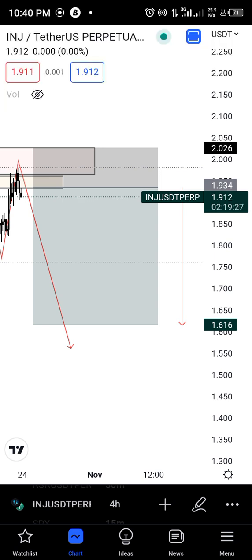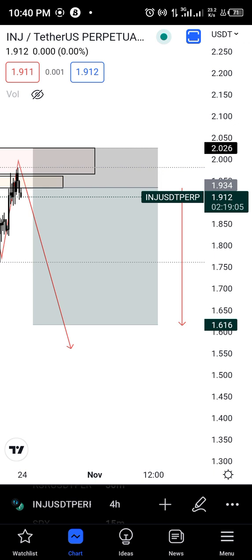Some of you ask, this is a sell, we have the pair we are trading, so what is our entry price? The entry price is the gray line, which is 1.934, so that will be your entry price. Now the stop loss is the black one.